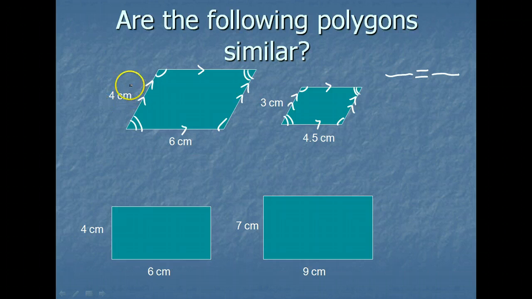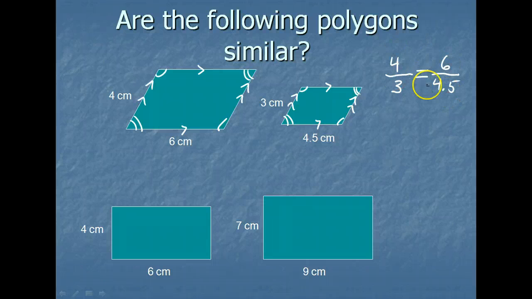I'm going to start with this side right here, 4, and I'm going to compare 4 to 3. And then I'm going to hop to this side, 6, and I'm going to compare 6 to 4.5. I'm consistent because I go from this parallelogram to this parallelogram, and from this parallelogram to this parallelogram.